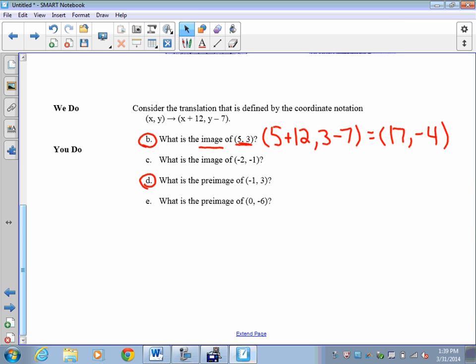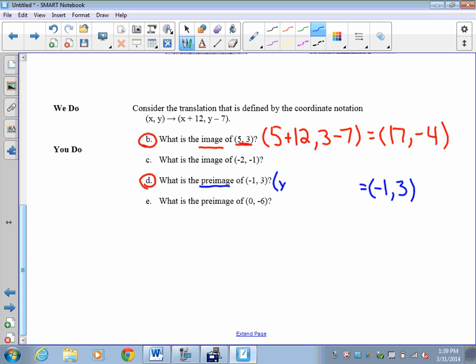This one here, letters D and E, is asking us for what is the pre-image of negative 1, 3. So we have to do things a little bit differently here. We're given the actual image in the end. So we need to find out x plus 12 and y minus 7.